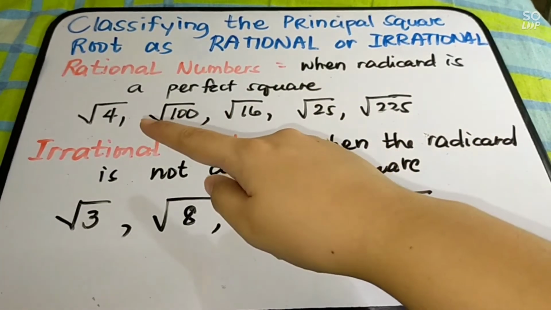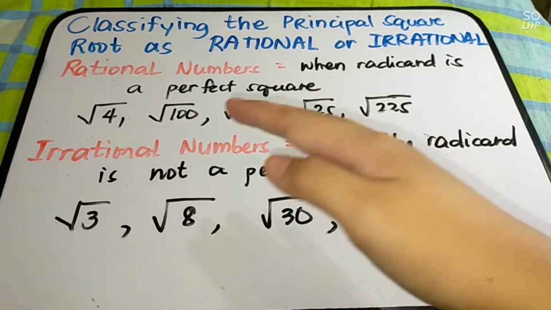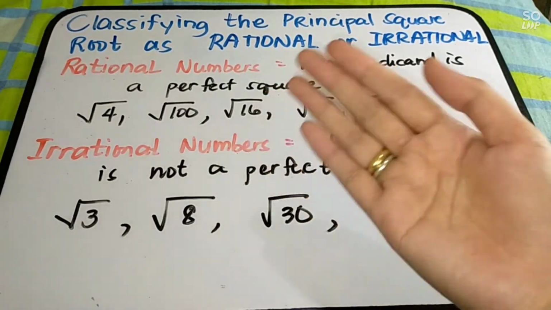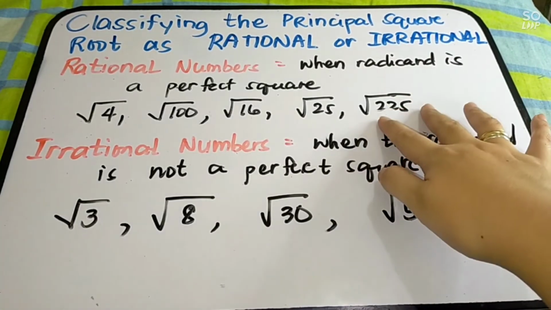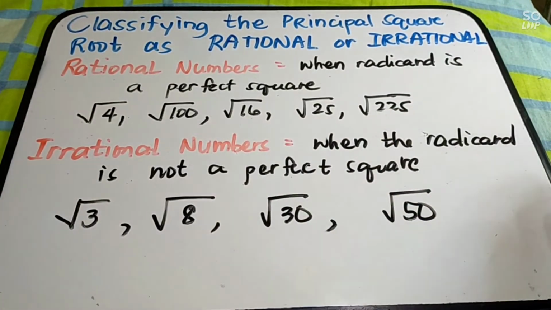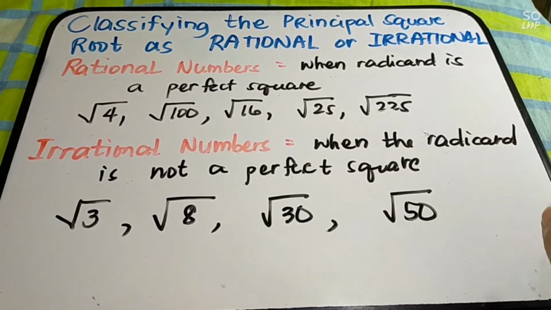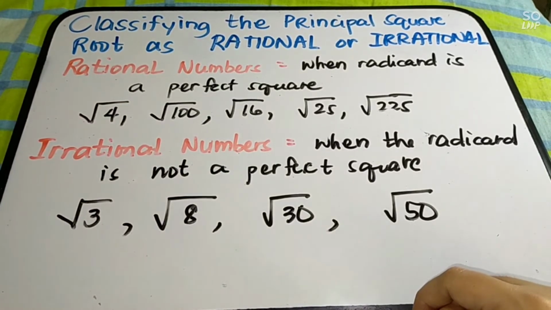For example, I have your square root of 4. The answer is 2. Square root of 100, the answer is 10. Square root of 16, the answer is 4. Square root ni 25, the answer is 5. And square root of 225, the answer is 15. As you can see, when you simplify them, the answer is a whole number. Tama? So, that are rational numbers.